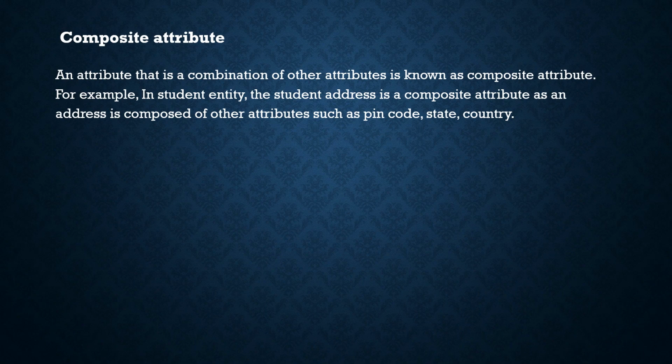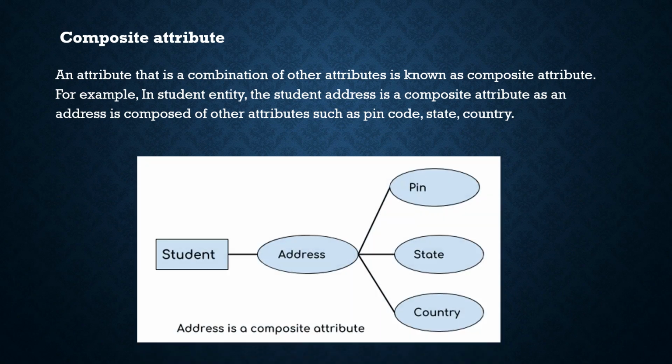Among these attributes, address can have some other attributes like pin code, state, and country. So address is itself an attribute, and it has some other attributes. Address is the attribute of student, and address has other attributes like pin code, state, country.